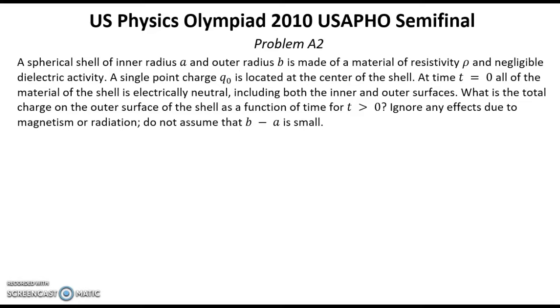Solution. During all of this process, internal charge of this shell equals 0. So it means that only charge could be accumulated on internal or outer surfaces of this shell.